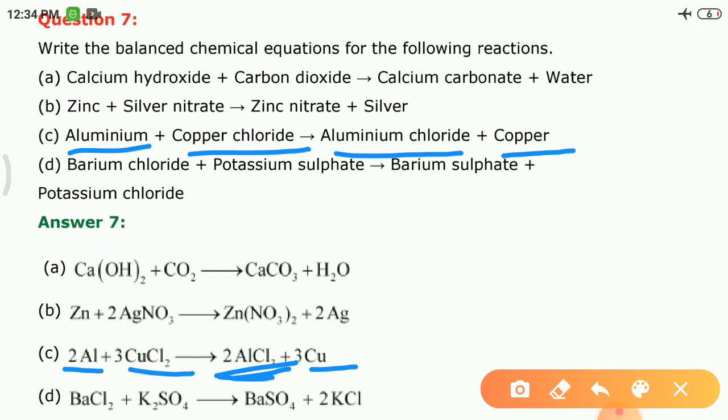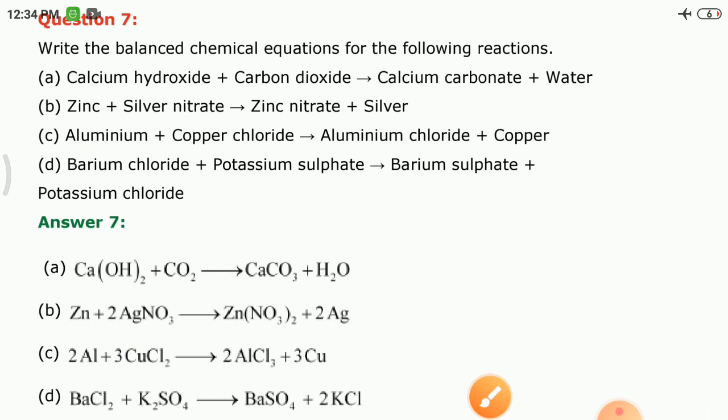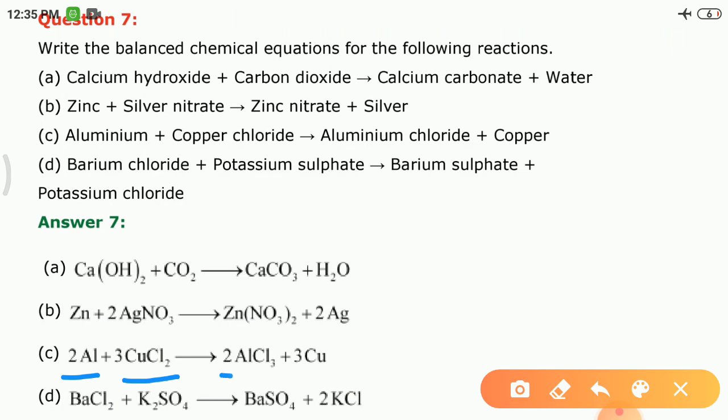As for getting 3 chlorines we have to put 2 here. Then total 6 chlorine ions we want here. For completing 6 chlorine ions, we have to put 3 here. So the balanced chemical equation will be 2Al plus 3CuCl2 gives 2AlCl3 plus 3Cu.